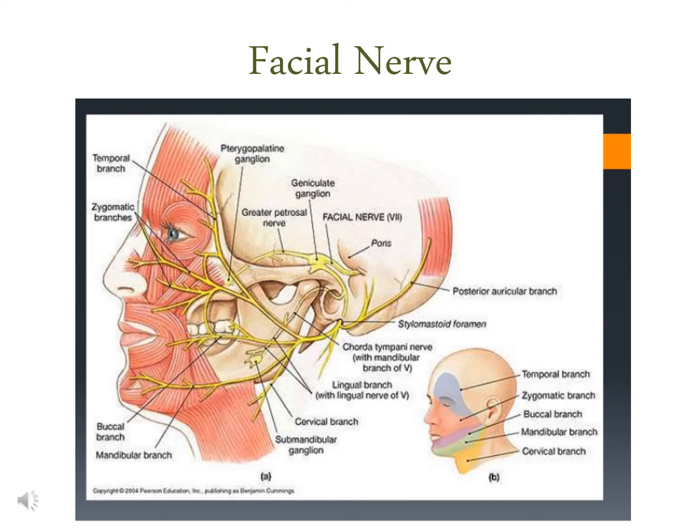Then the facial nerve continues within the bone to exit the skull via the stylomastoid foramen, and in the face it divides into its terminal branches: temporal branch, zygomatic branch, buccal branch, and mandibular branch. These branches are all muscular and responsible for the muscles of facial expression.